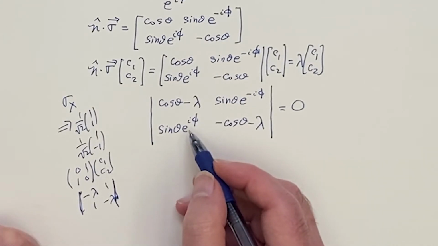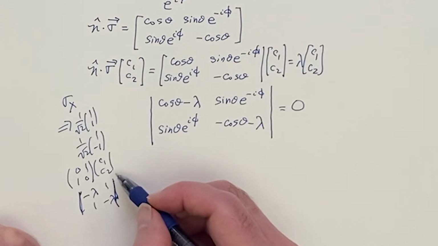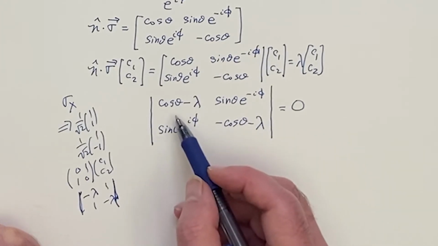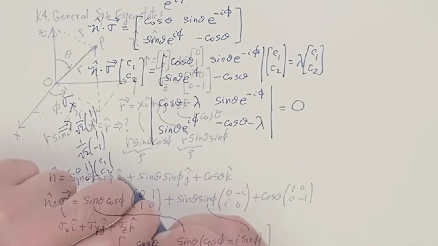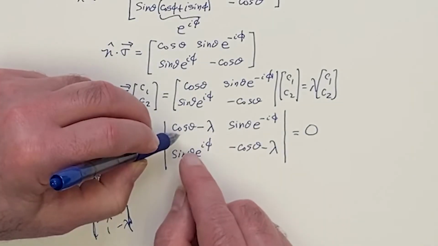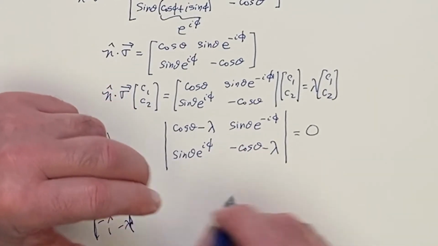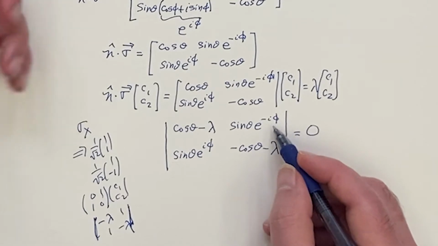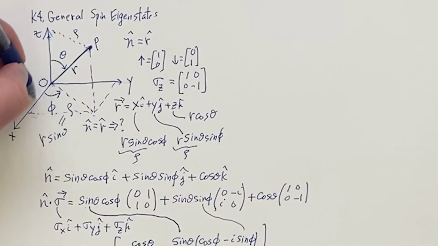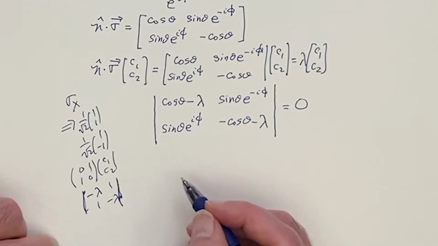So this is the generalization. In the x direction, you want the theta to be 90. So if theta is 90, the cosine is gone. And then the sine of 90 is 1. And then for the x, you want the phi to be 0. You want to go along the x direction, so you want the phi to be 0. So like you would get this.